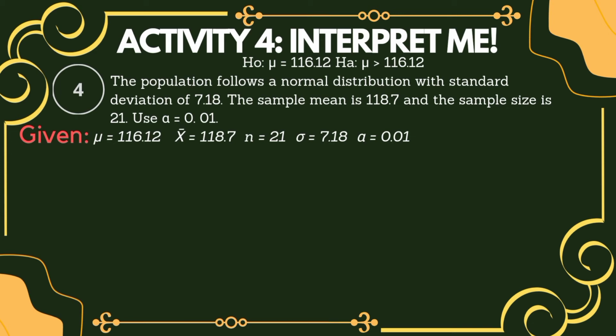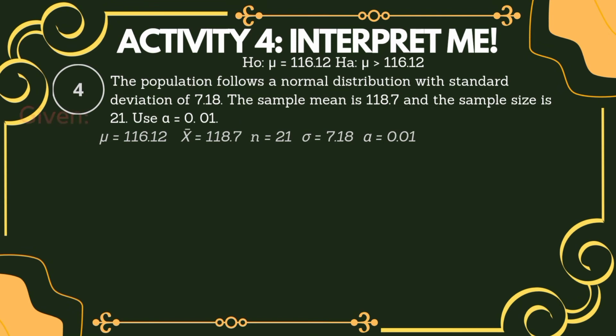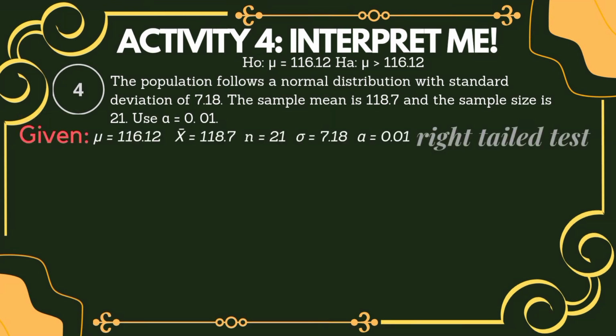Since the alternative hypothesis is greater than, again, we use the right-tailed test. Since the sample size is small, but the population follows a normal distribution with a standard deviation of 7.18, meaning to say the population standard deviation is known.